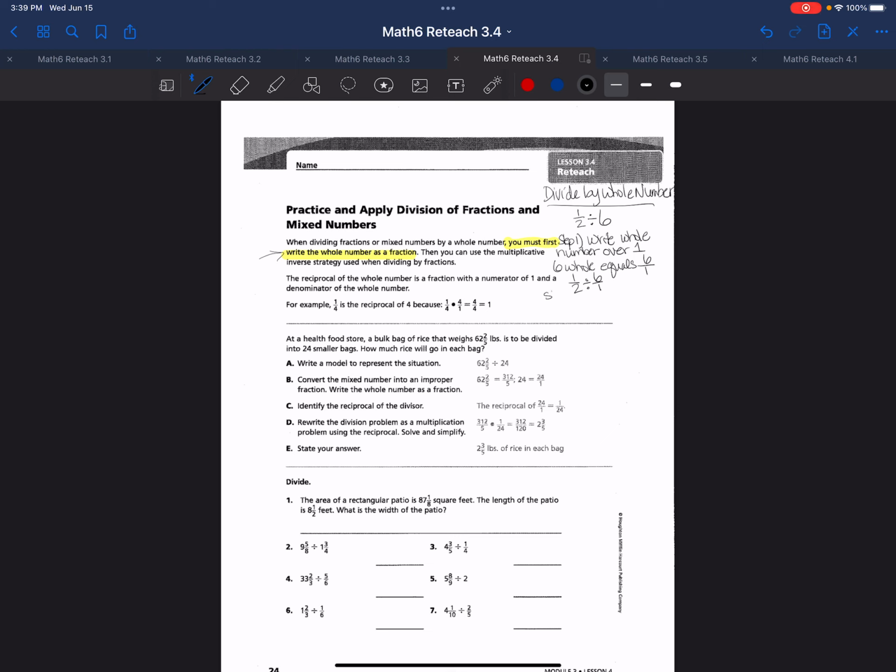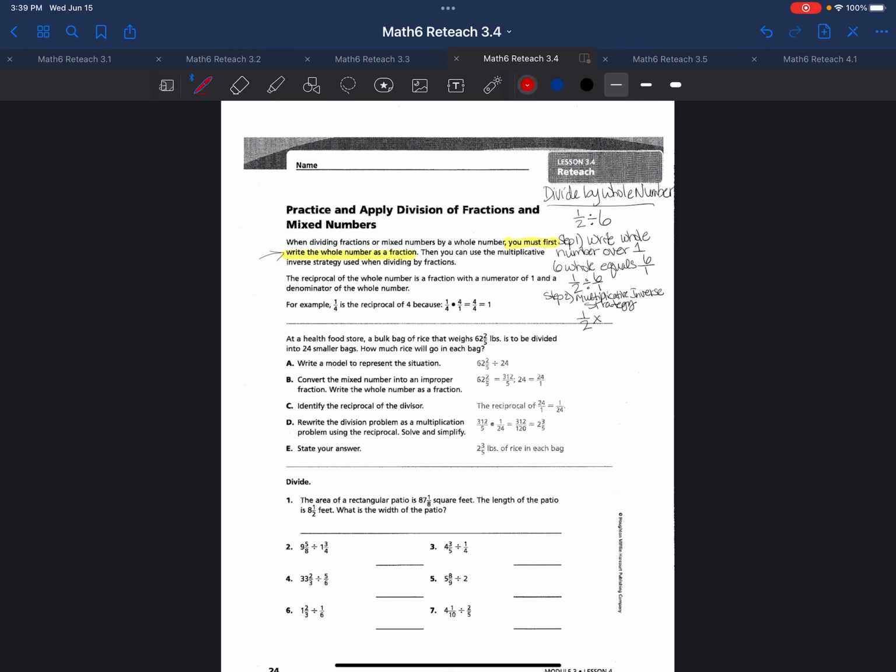And then step 2 is we do what we did on the last lesson, is we use the multiplicative inverse strategy. So we're going to say change, flip. So we're going to say 1/2, change the sign to multiplication.